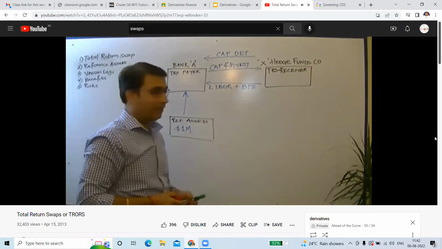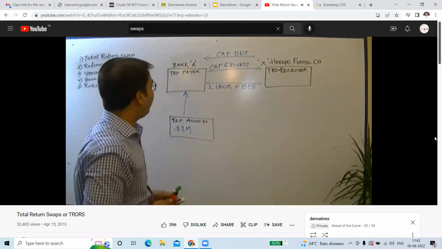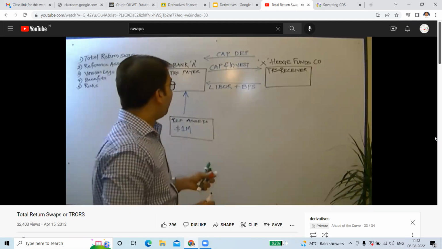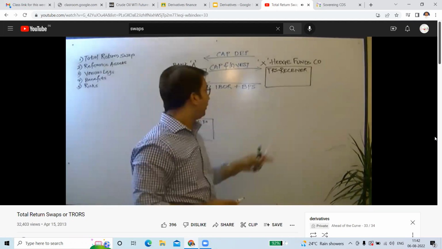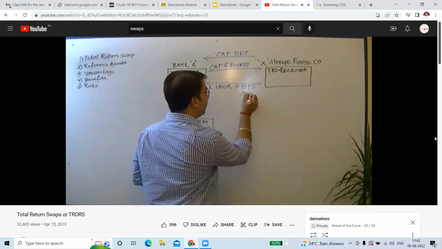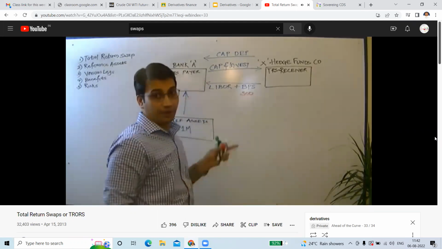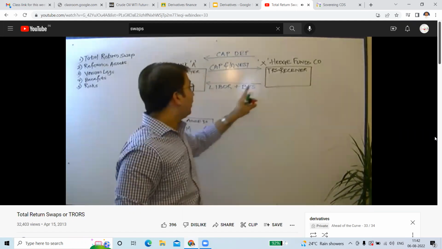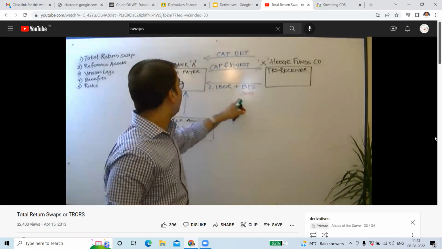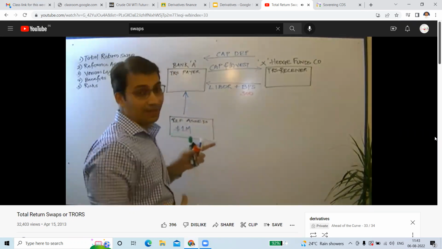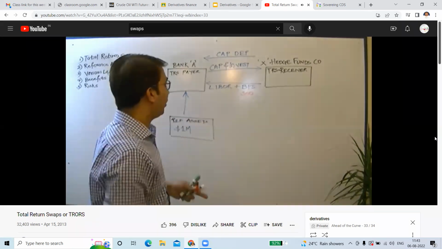Bank A gave it a thought. He told, okay fine, this looks like a very good contract to me, but based on your credit rating, I'm going to charge you LIBOR plus 300 basis points. Point to be remembered: the lower the credit rating, the higher the basis points. So both of them agreed on these terms and conditions, and they came into a contract.